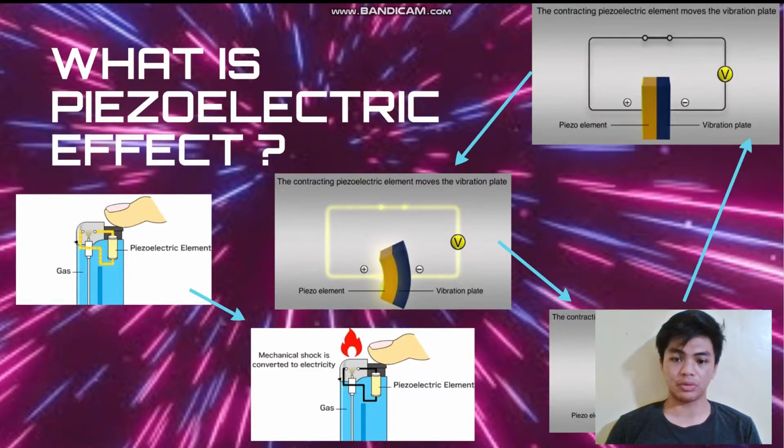In a more conceptual way of showing the effect, the contracting piezoelectric element moves the vibration plate. When you move it back and forth, it produces electricity, converting mechanical energy to electrical energy.